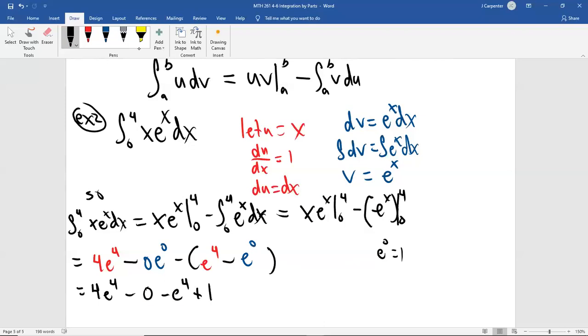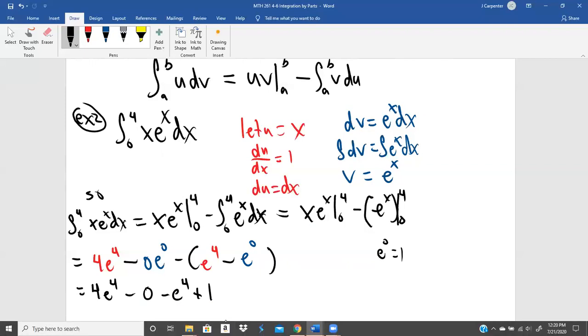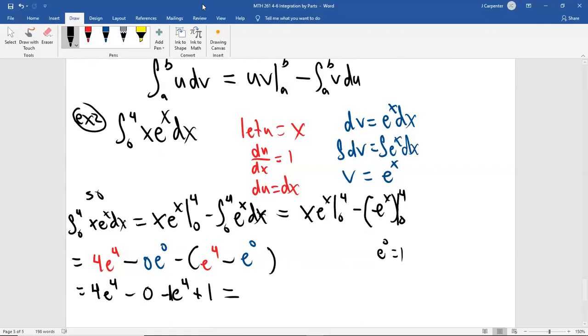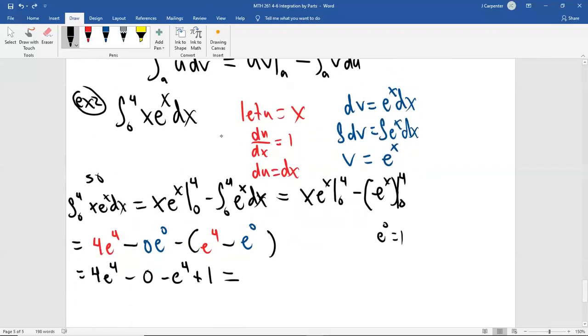The e to the 0 is 1. Did not mess up my distribution this time. Minus 0 doesn't really need to be written, so we're just not going to write that second term. And the first and third terms are like terms. This is like having 4x minus x, because they both have e to the 4th as a factor. So 4 minus, there's a 1 imaginarily there. 4 minus 1 is 3. So this is 3e to the 4th plus 1, and that's our answer.